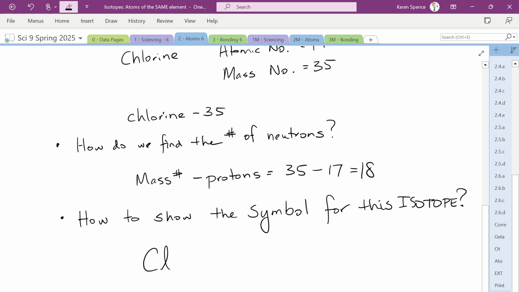Cl. 35, where? On top here? On the left side, very good. Okay, so 35 on the top. Remember, big number goes on the top. And what would go on the bottom? 17. So that is our mass number. And that is our atomic number. How many electrons in this chlorine atom?